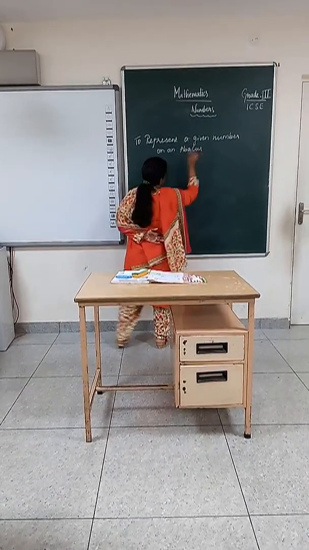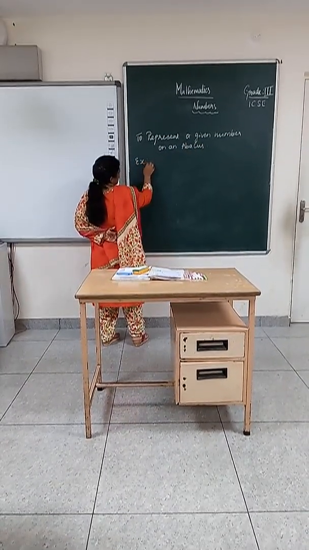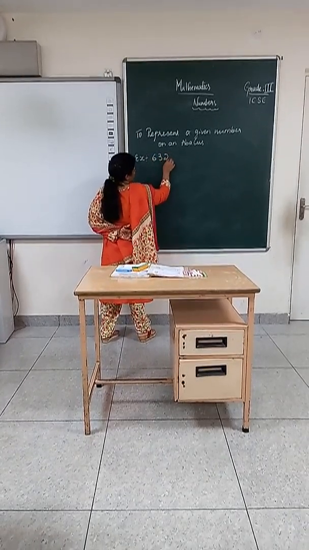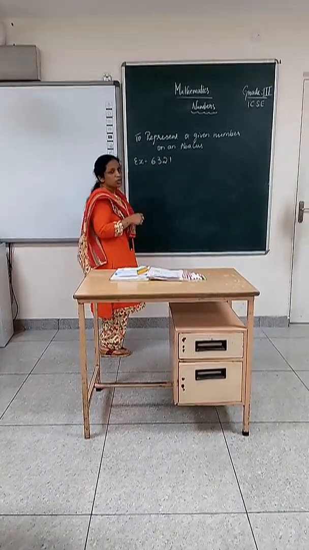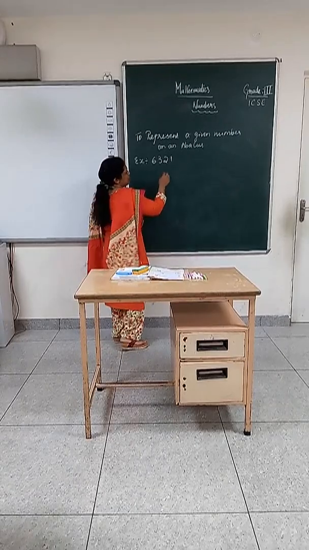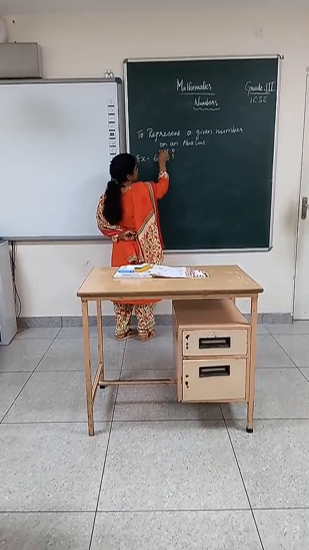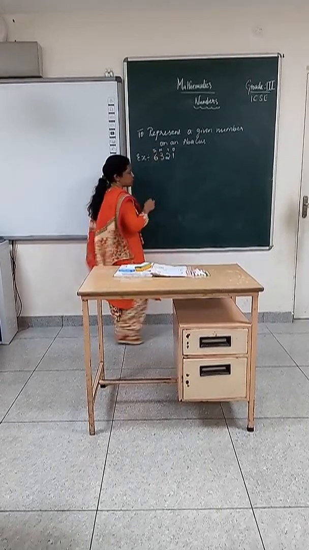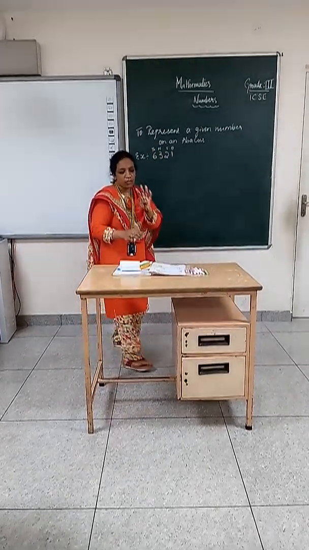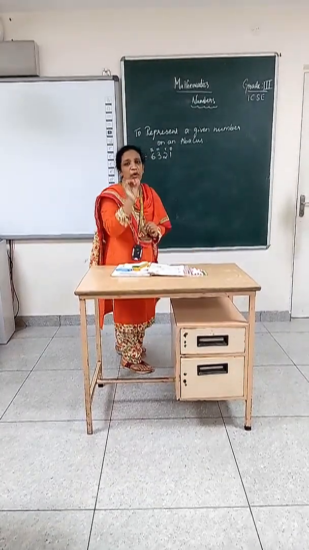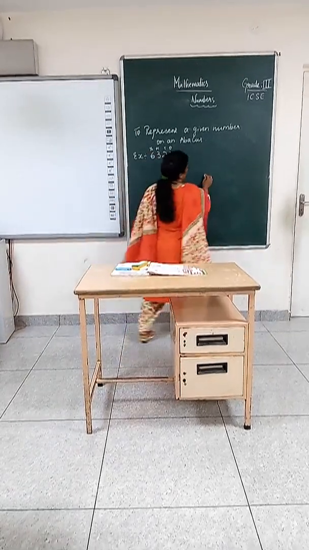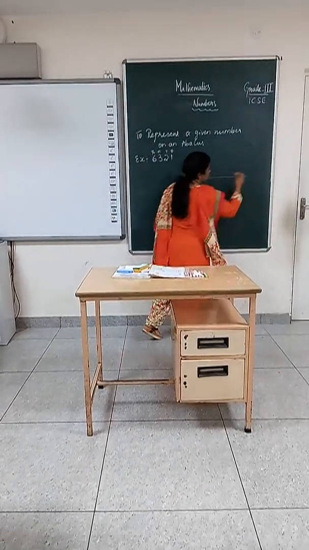So children, let us consider an example: 6321. If you place the values here: ones, tens, hundreds, thousands. We have 4 digits, so first you need to draw a baseline. Children, let us draw a baseline.